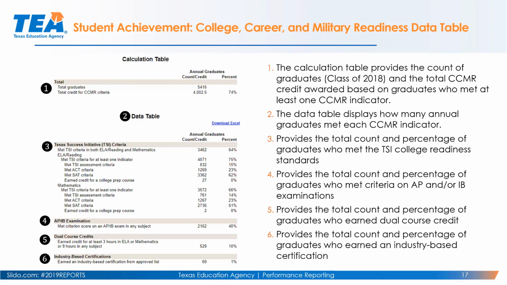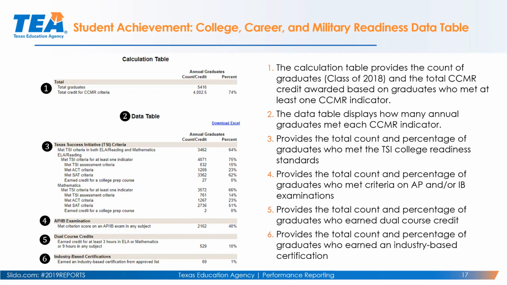There is one indicator that would award half a point of credit, which is why you see half a point for the total amount of credit awarded. So the total count of credit for this district is 4,002.5. Numerator, denominator gets me 74% for CCMR. So where does this data come from for total credit for CCMR? That would be in section 3 of the data table below.